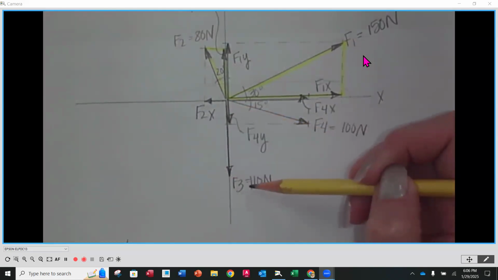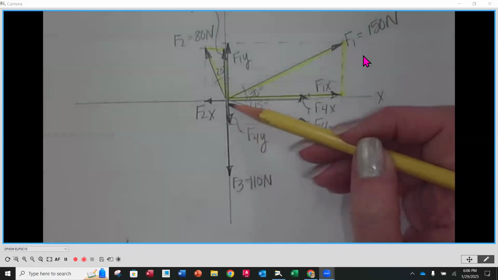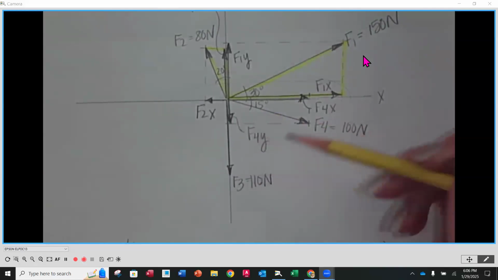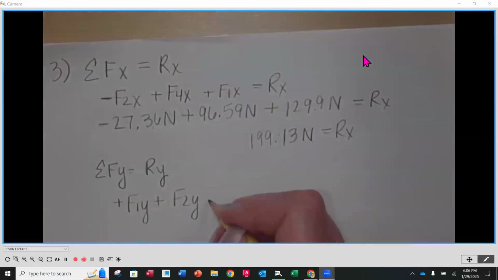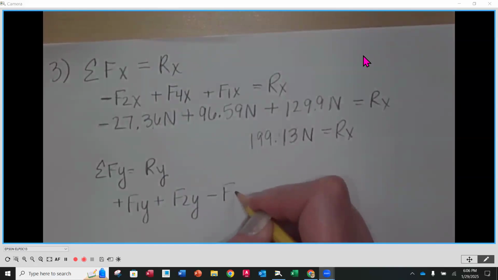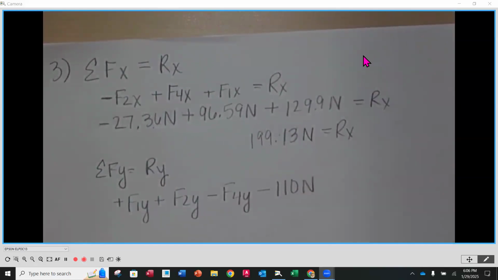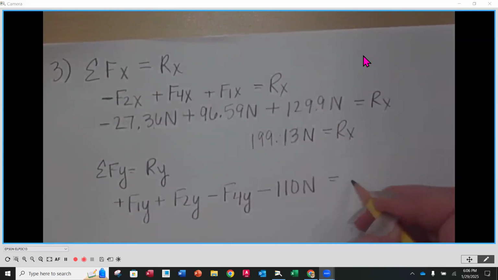Don't forget the 110. Okay, remember that didn't have a component, but it is an actual force going down. So we have an F4Y, and then we have 110. These are going down, so it's going to be minus F4Y, and then minus 110 newtons. And then that, because we have that value right away, is equal to the resultant Y component.